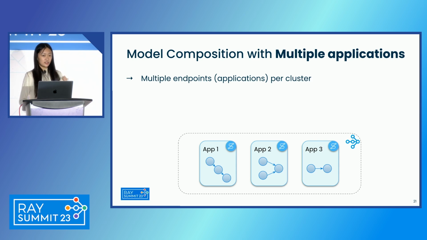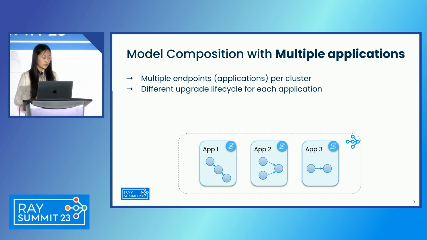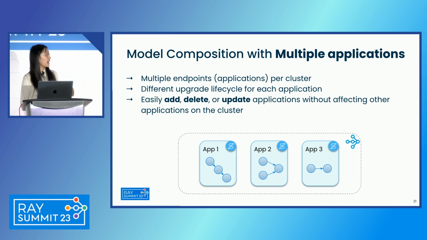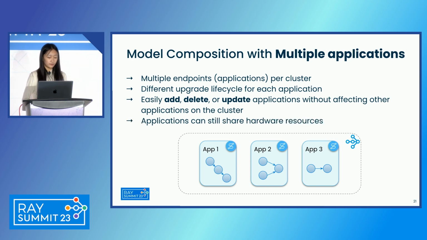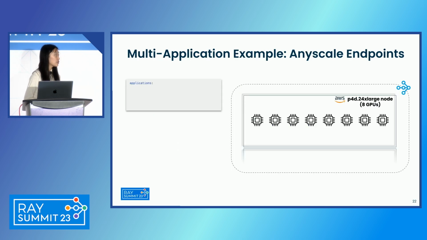Each application is its own endpoint and has its own upgrade lifecycle, meaning you can easily add, delete, or update applications without worrying about affecting the other models on the cluster. At the same time, you still have the benefit of efficient and flexible resource allocation and sharing hardware resources between your applications. Let's just go through a really quick real-world use case of multi-application.